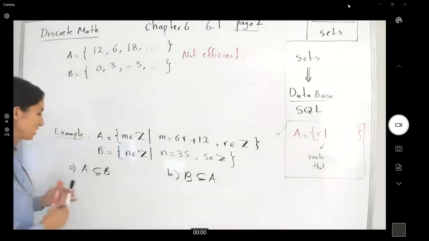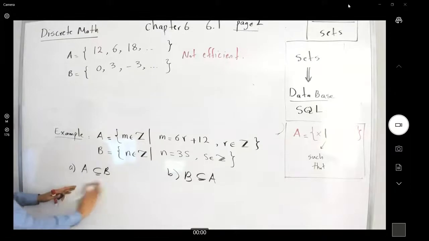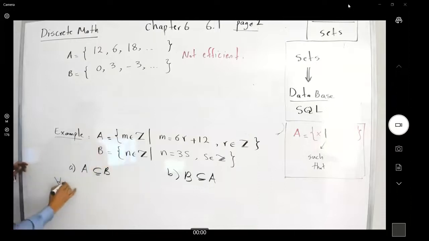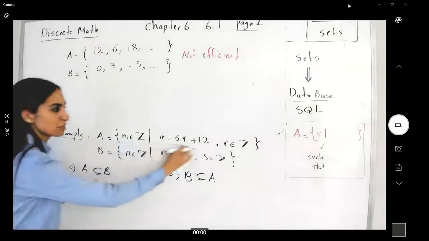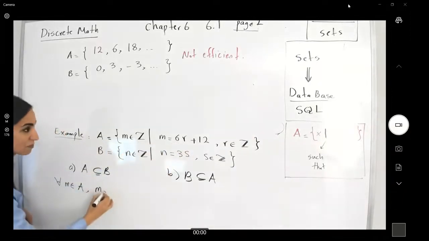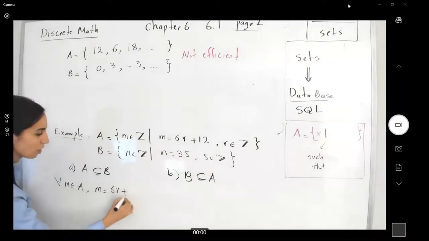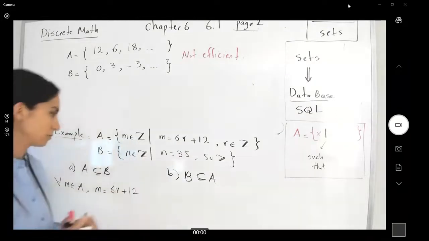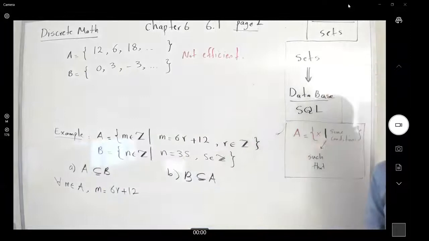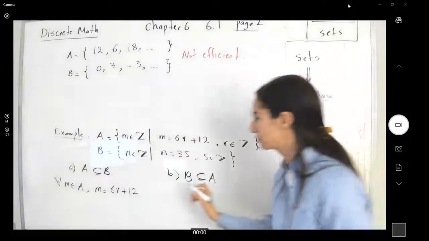Okay, take a look at this. Here, I'm taking a random element, any M in set A. M is written as 6r plus 12. What I'm going to do, I'm going to factor out 3.